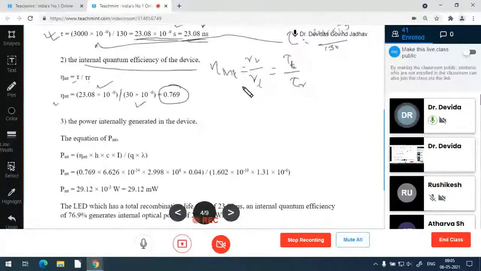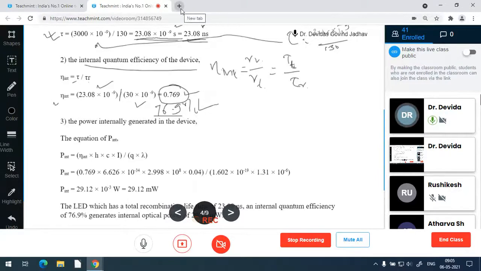This is the efficiency, or 76.9% if you multiply with 100. So eta internal is 0.769 or 76.9%. If the percentage sign is there, then this number is correct. If the percentage sign is not there, then 0.769.